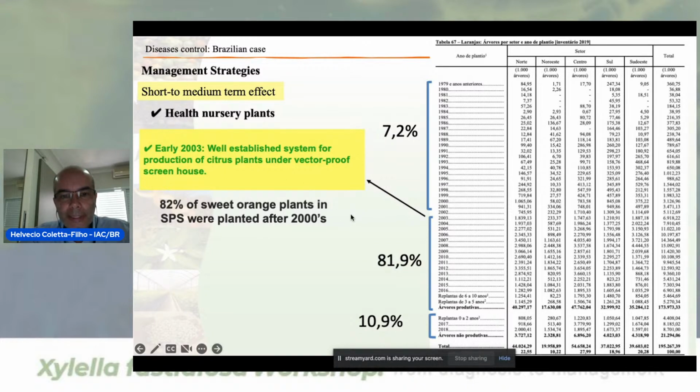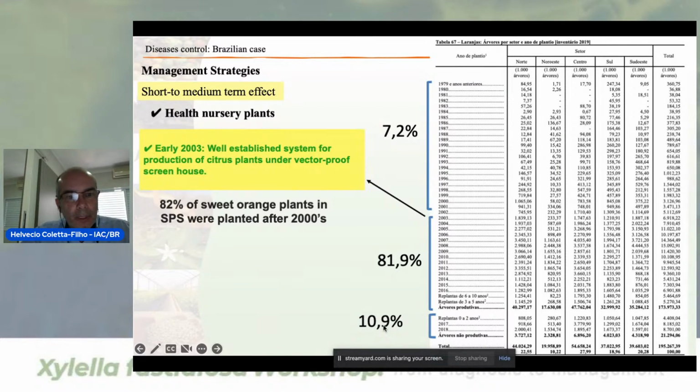Almost 82% of the citrus plants in our orchards nowadays came from plants produced under greenhouse, almost 200 million plants. A few came from the orchard planted 8 years ago, and almost 10% of the orchard was replanted plants.